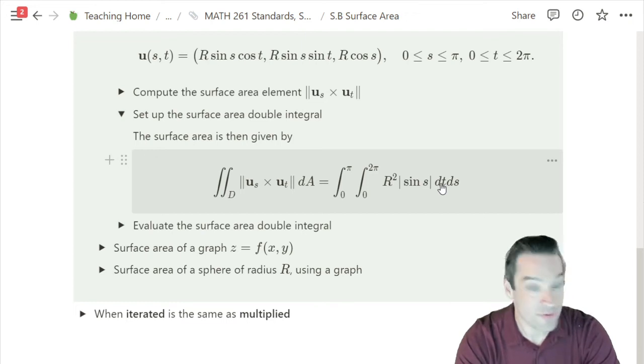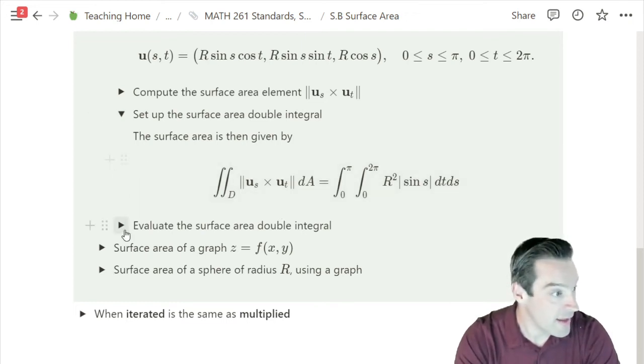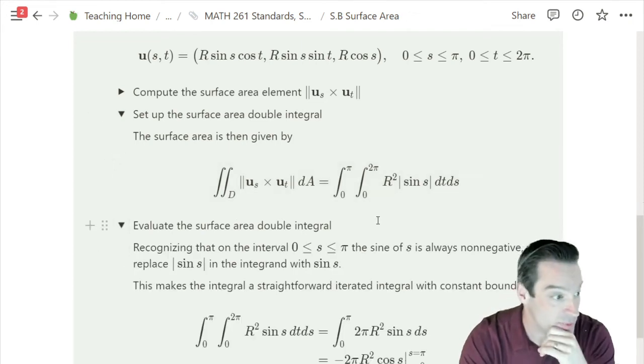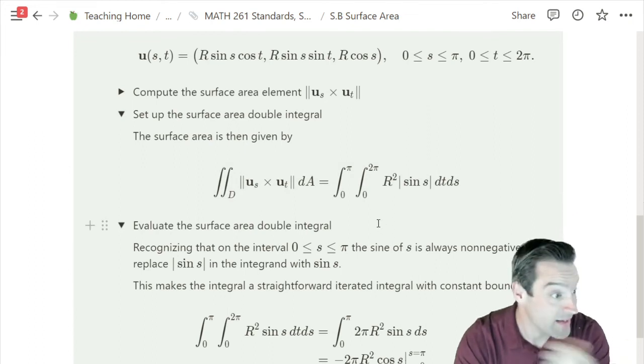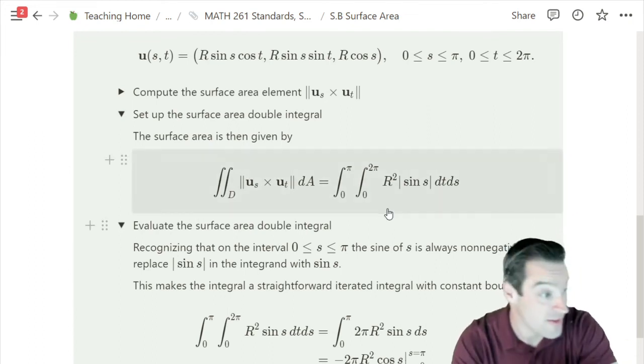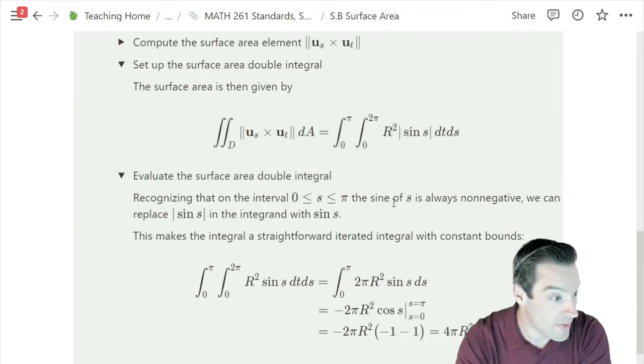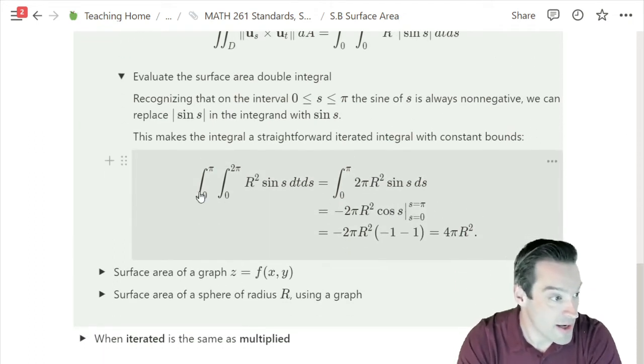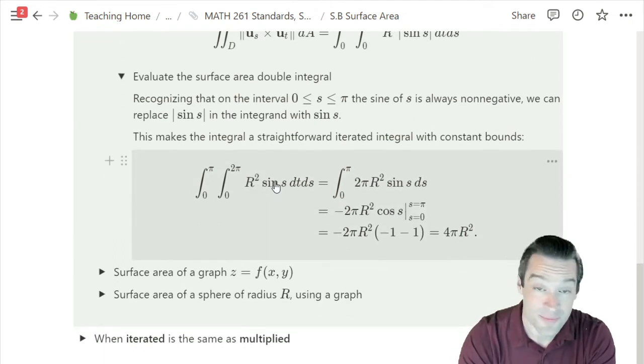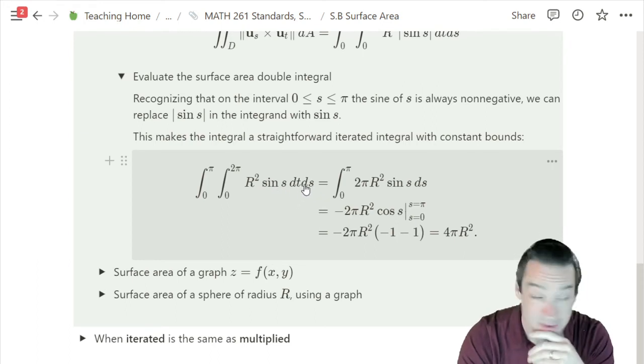So even the absolute value here in this surface area integral ends up not mattering. We can just replace it with sine of s, because sine of s is non-negative, and so its absolute value is the same thing as itself for s's that range from 0 to pi. And so the surface area integral that we get is just r squared sine of s dt ds.